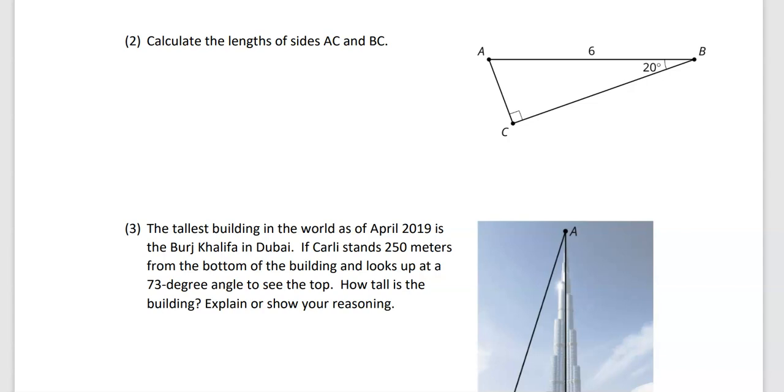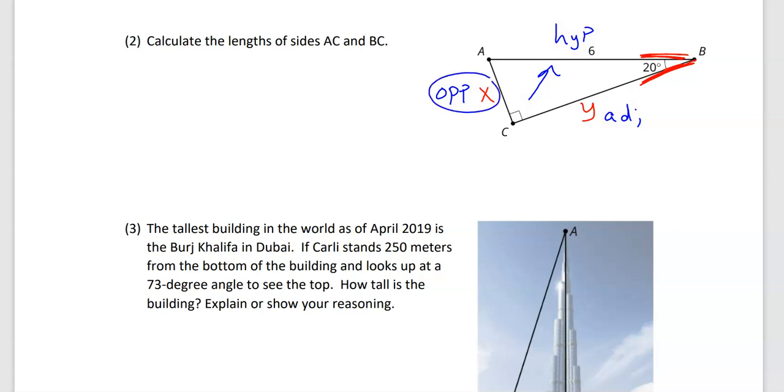So problem number 2, they're asking to solve for AC and BC. I'm going to call this X and Y. And if I shade the two sides at a 20-degree angle, X would be the opposite side, the 6 will be the hypotenuse, and the Y side would be the adjacent side.